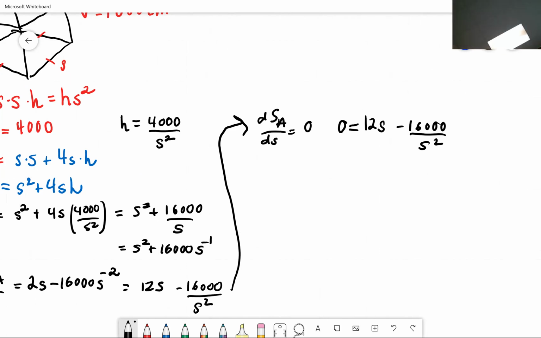So how do we solve that? Any ideas? How do we solve that?